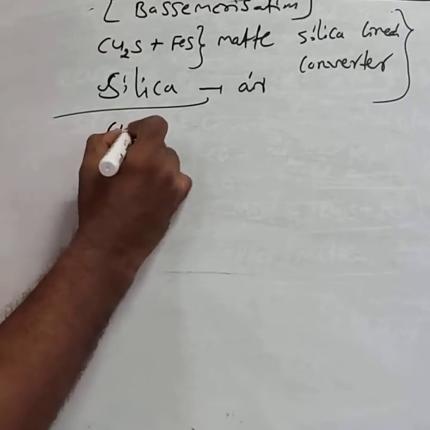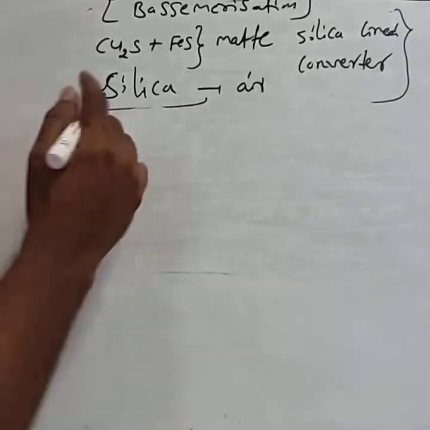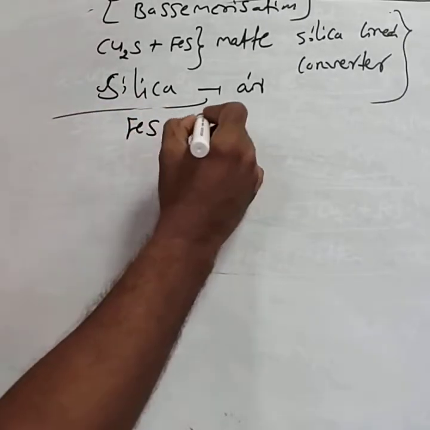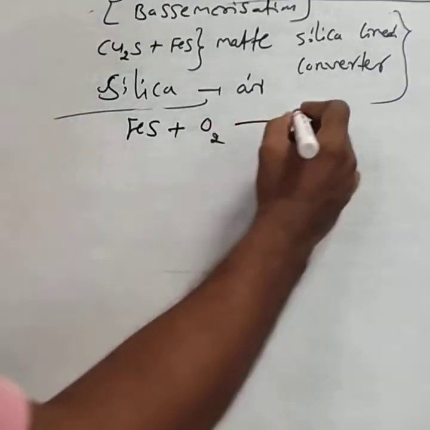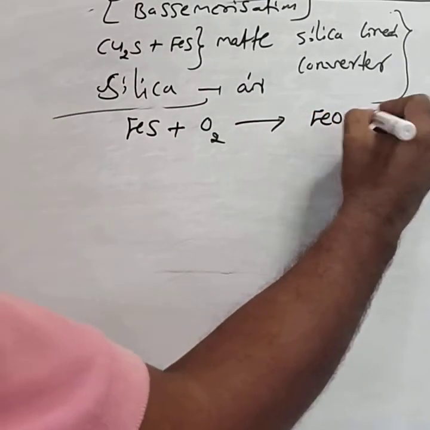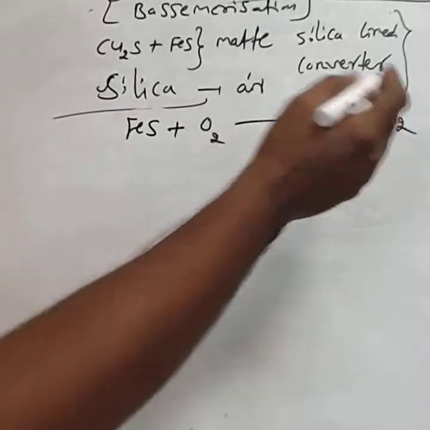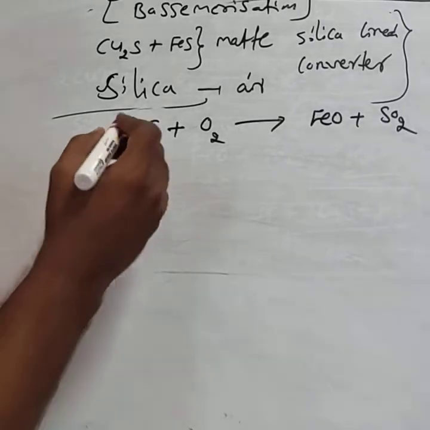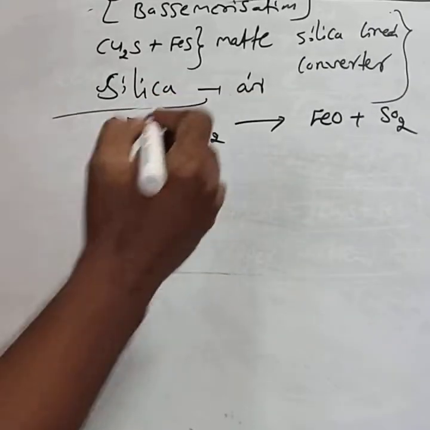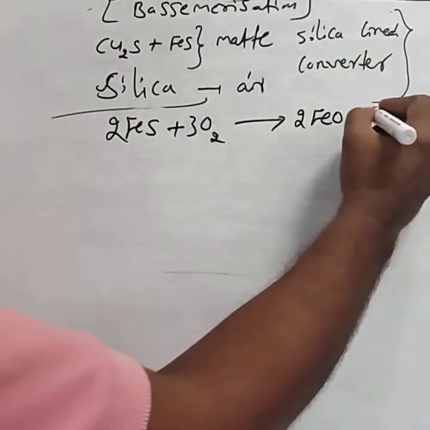When hot air is blown, first consider FeS instead of Cu2S. FeS, ferrous sulfide, plus O2 forms FeO, liberating SO2. You have to balance the reaction: 2FeS + 3O2 gives 2FeO + 2SO2.